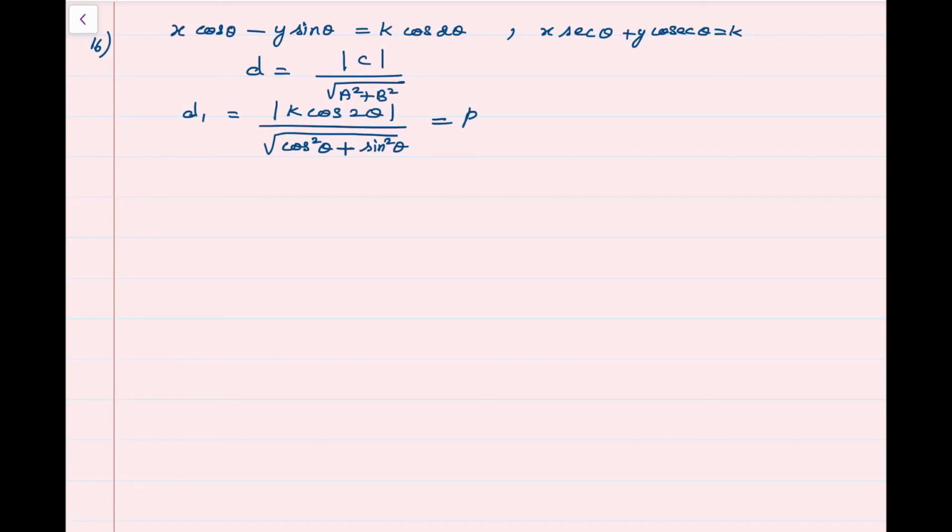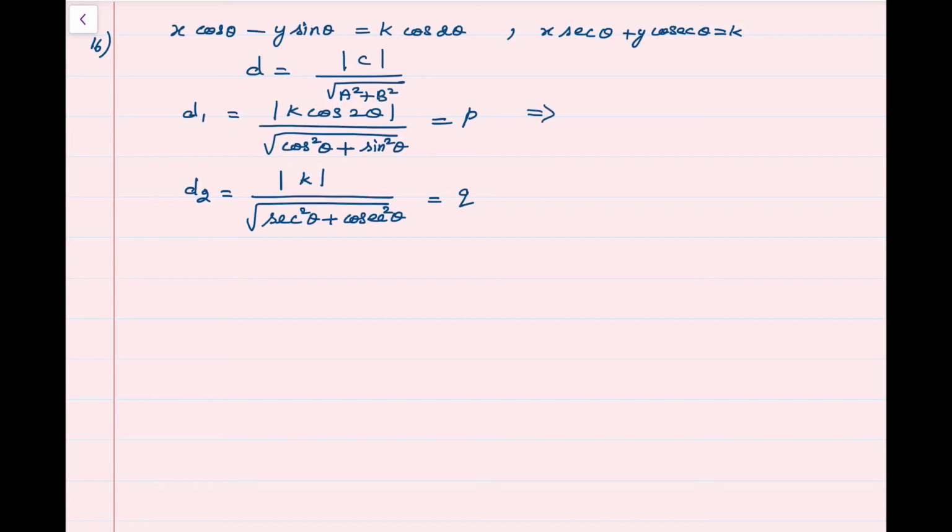Now we will find the distance of the origin from the second line. We will take it as d2. Absolute value of c here is k divided by square root of coefficient of x is secant theta, so secant square theta and coefficient of y is cosecant theta, we get cosecant square theta, and this distance is q.